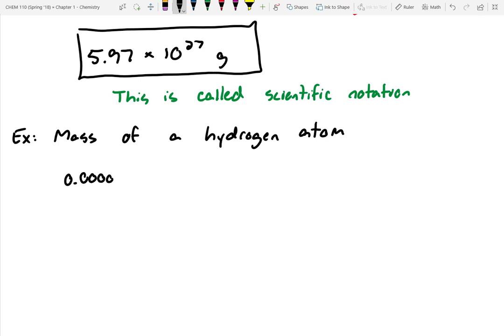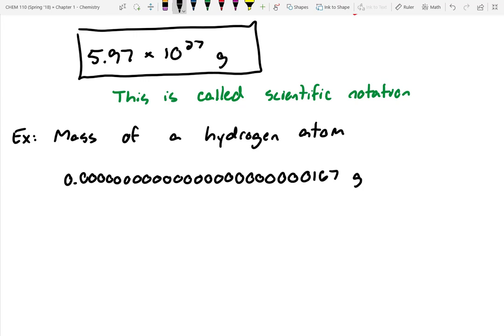Two, 3, 4, 5, 6, 7, 8, 9, 10, 11, 12, 13, 14, 15, 16, 17, 18, 19, 20, 21, 22, 23 zeros, followed by a 1, 6, 7. So that's the mass of one hydrogen atom.